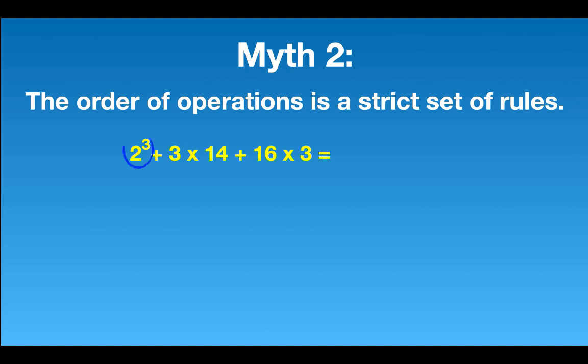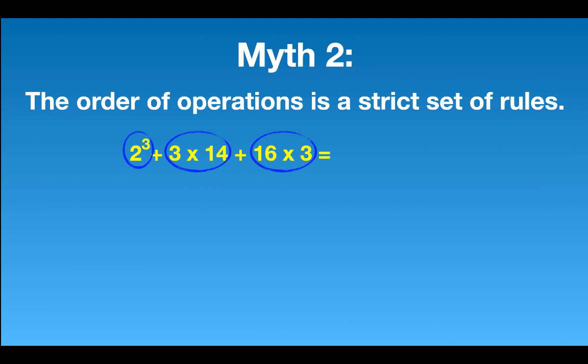First, any of the parts that are added can be done in any order. So looking at this as an addition problem, I can multiply 16 times 3, and then I can do 2 to the third power, and then I can do 3 times 14, and then all I have to do is add those up in any way I want.